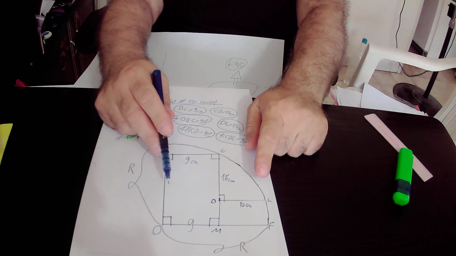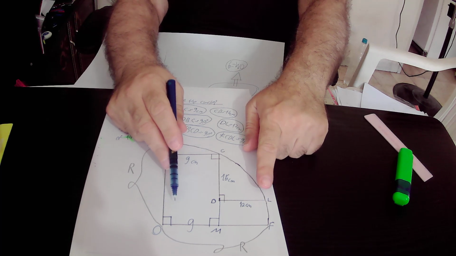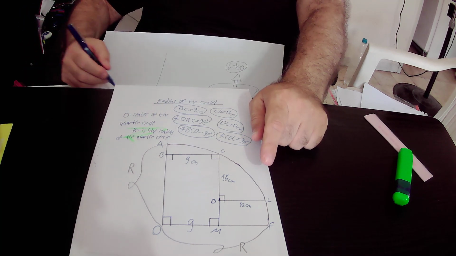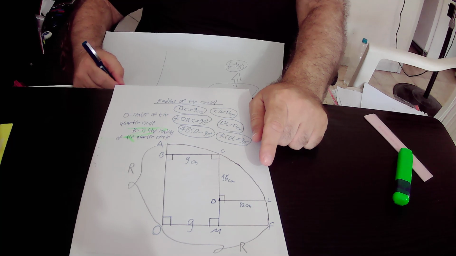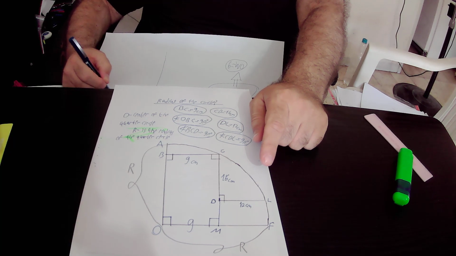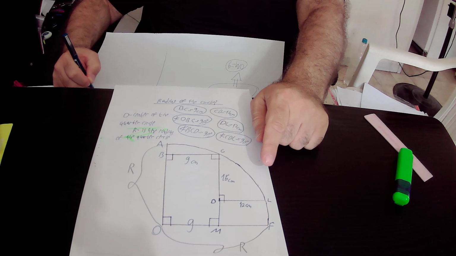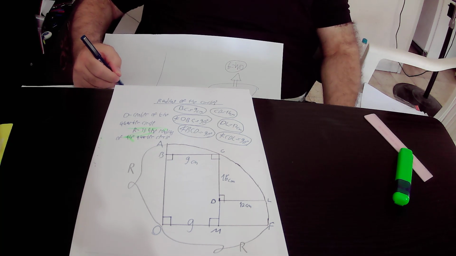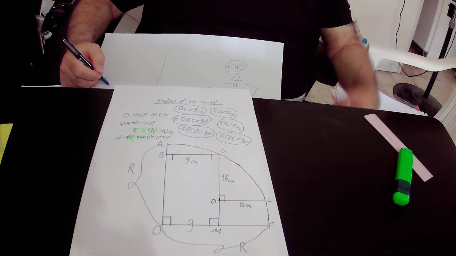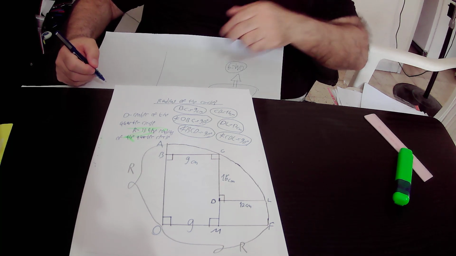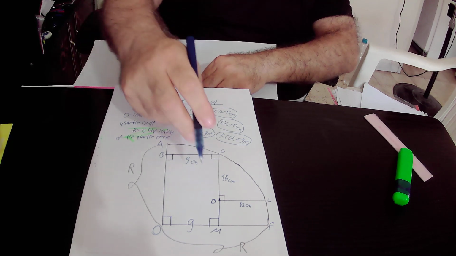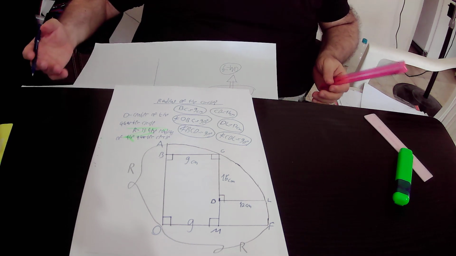So if we focus on the upper side of the straight line OF at point M, we know that the sum of the angles must be equal to 180 degrees according to the rule that I mentioned. At point M, on the upper side of the straight line OF, the sum of the angles must be equal to 180 degrees.